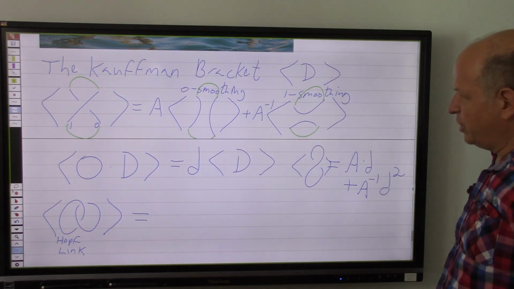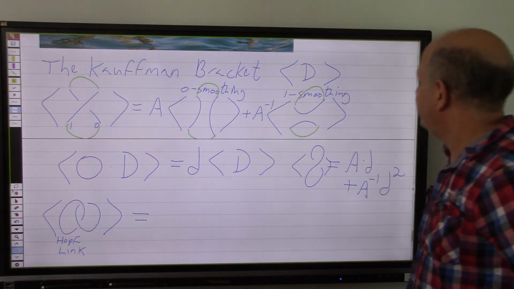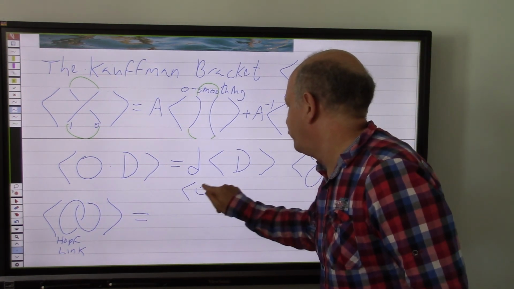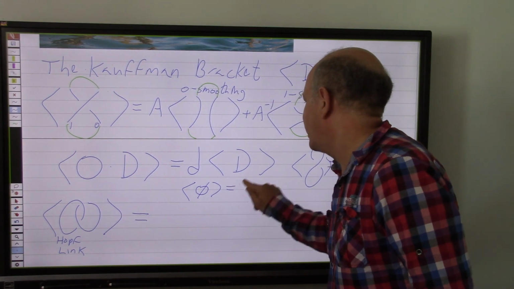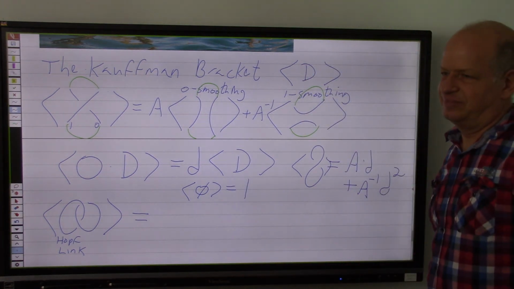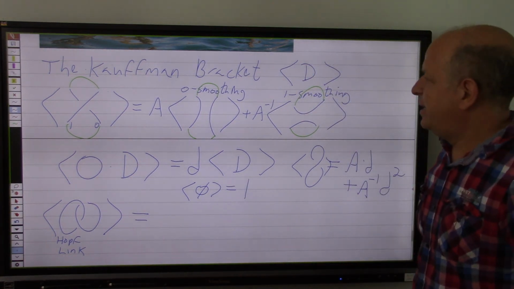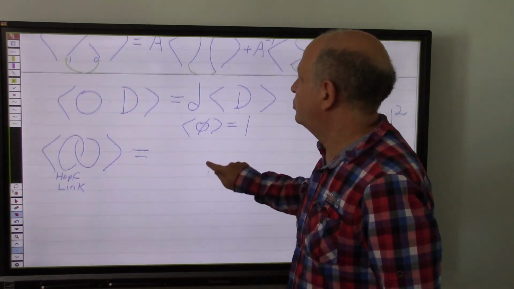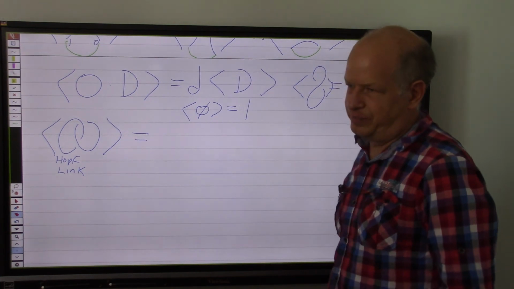I suppose, the way I wrote it, I should have added another axiom that the bracket of the empty picture is 1. Okay? Anyway, so let's go back and compute the Hopf link.